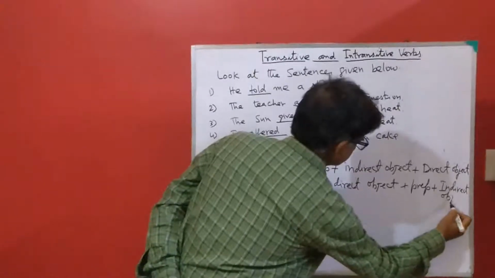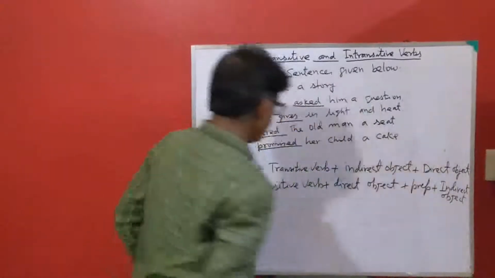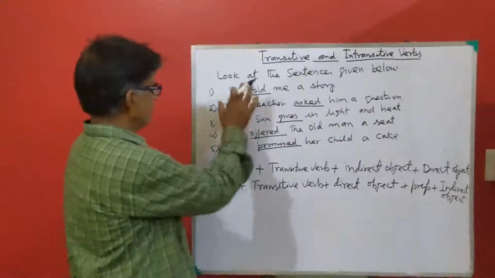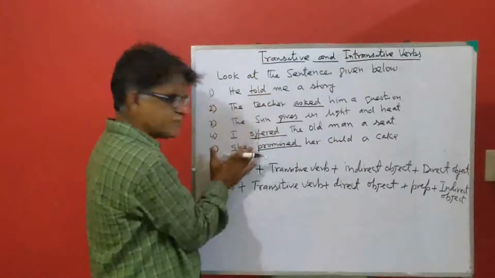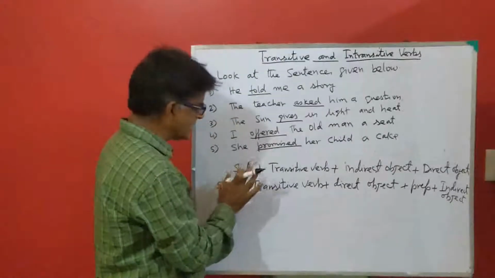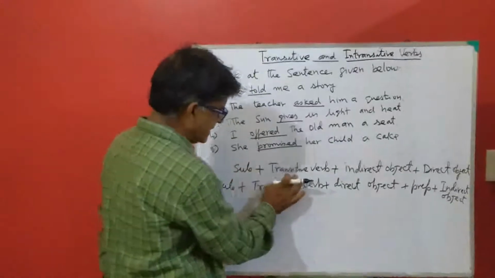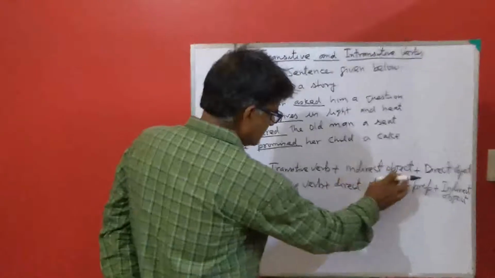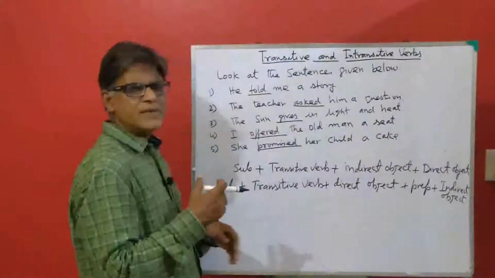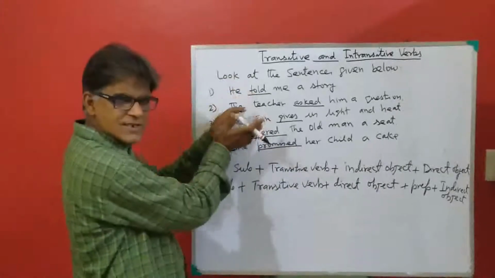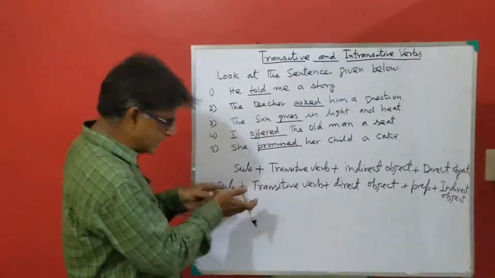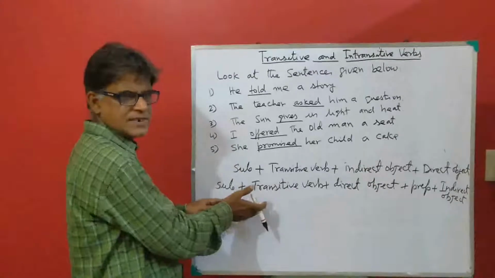In these 5 sentences, the sentence structure is like this: subject plus transitive verb plus indirect object plus direct object. Now I am giving you another sentence structure, and I will change the sentences into this sentence structure.